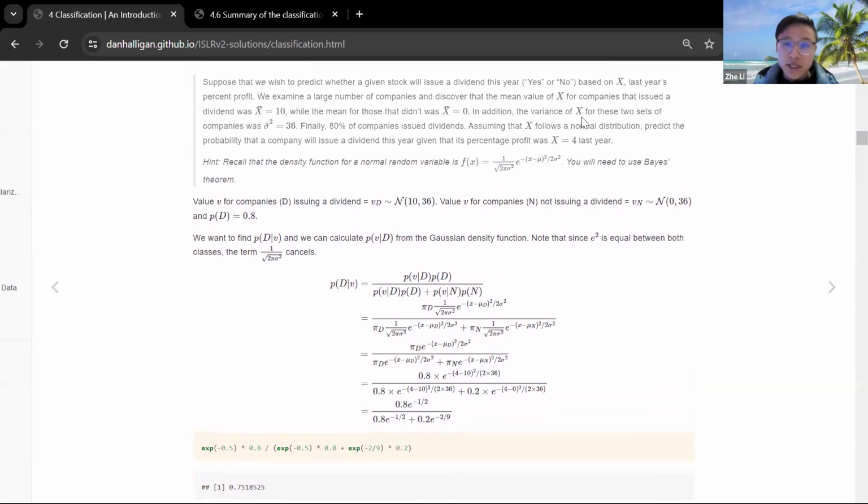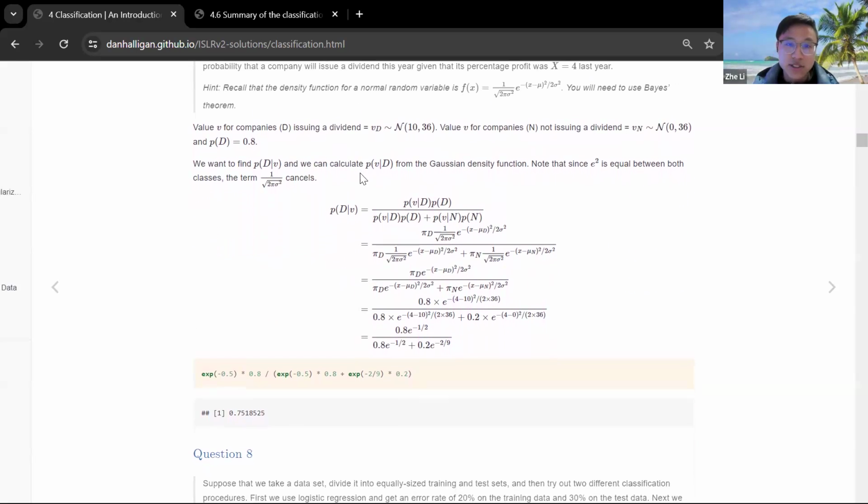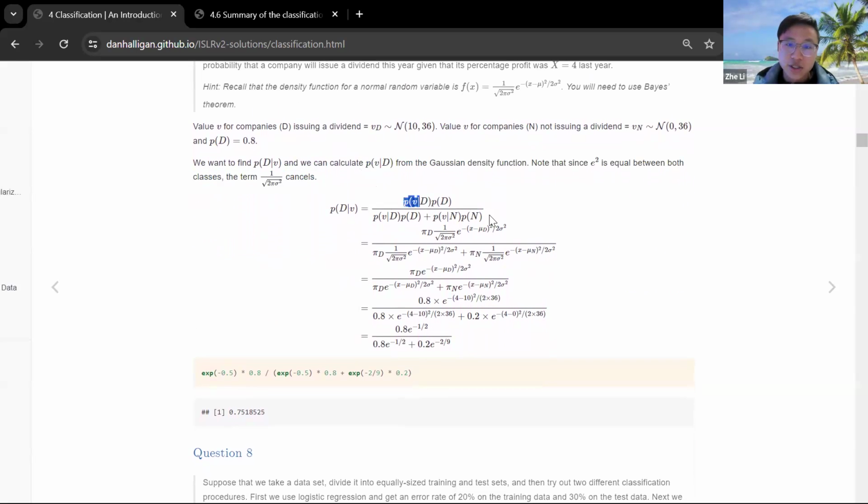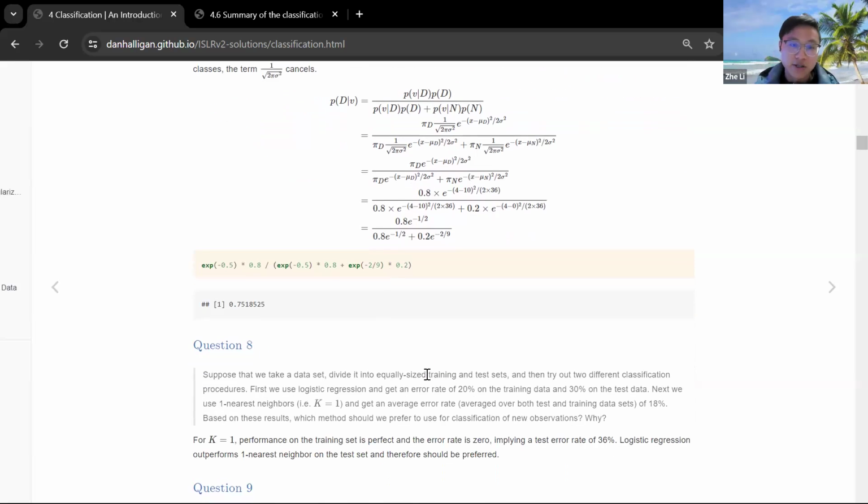We want to predict, given X equals 4, the probability that the company will issue a dividend in the next year. So we use the LDA function and follow that function line. We can compute this result, and we can just use R to compute that for us.